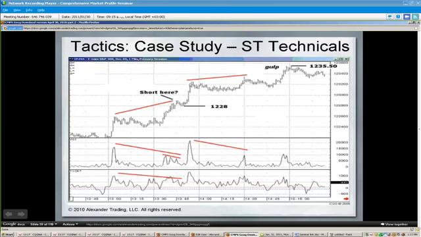So I'm going to add to my short position, because volume is dropping off. And now the market goes up here, and now there's a real divergence. I know this divergence is real. Now I'm going to double up. Now all I want out of this trade, just get me out at break even. I know it'll retrace 3 handles. I know it'll come down to 1230 and let me out.